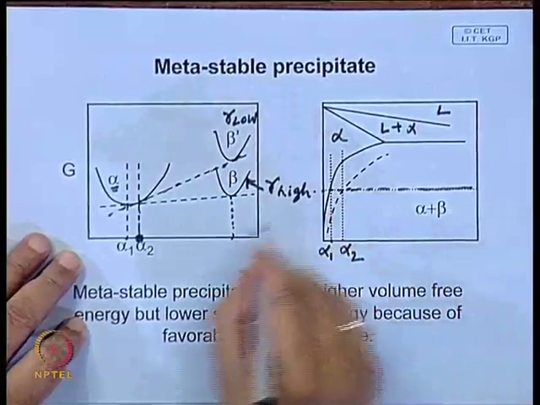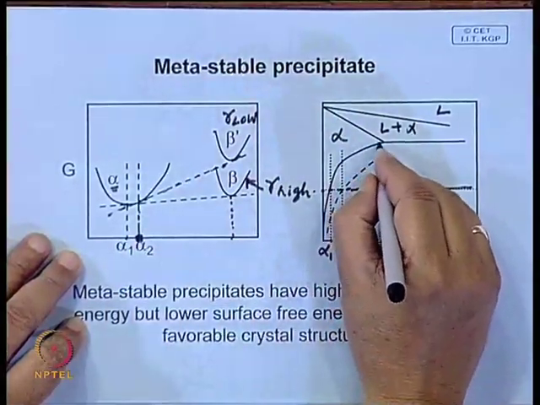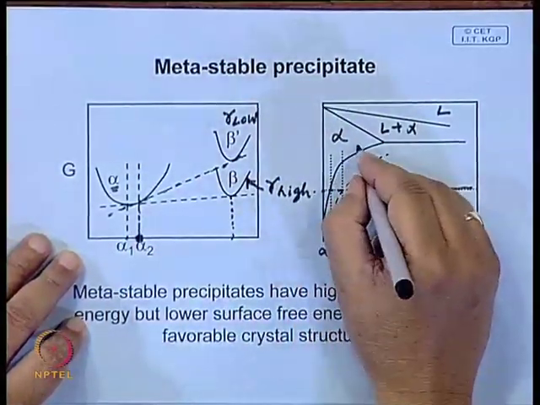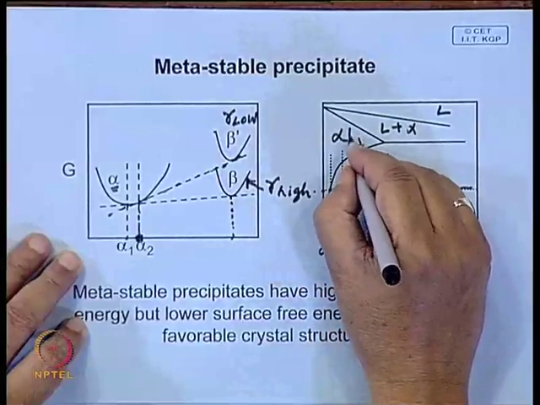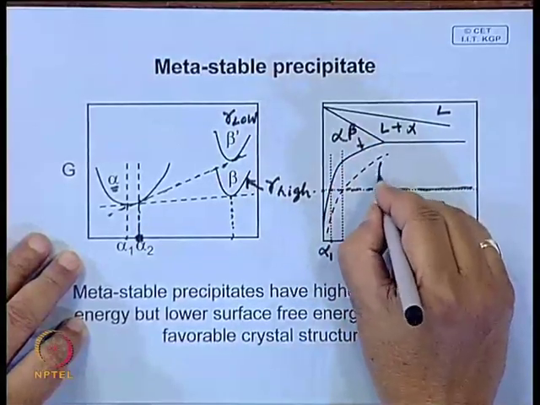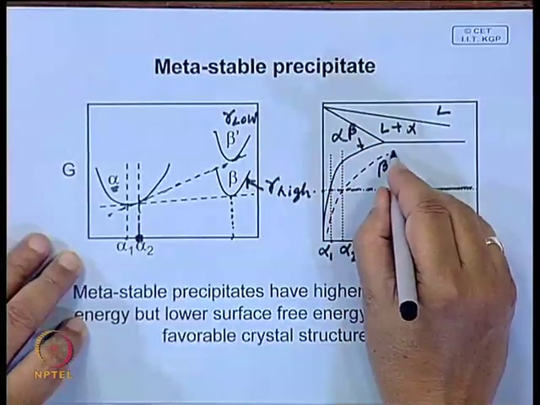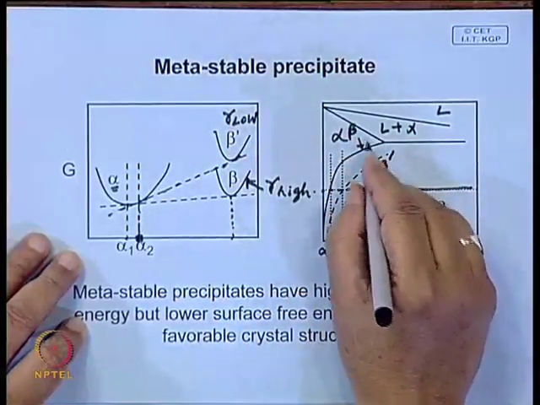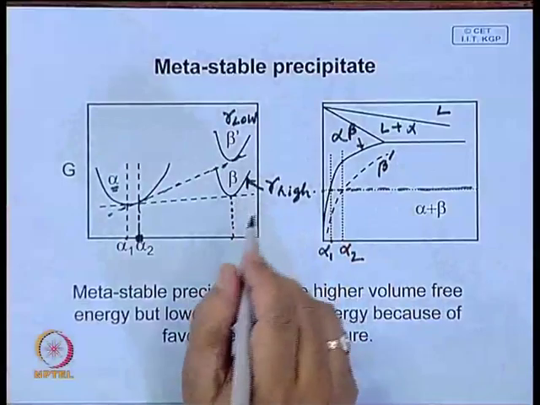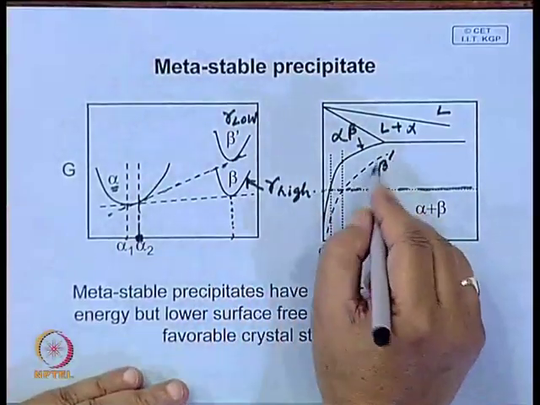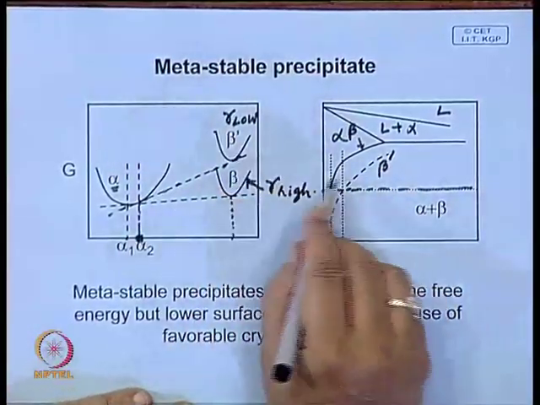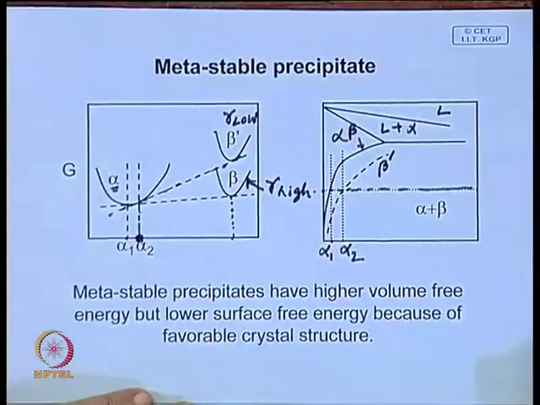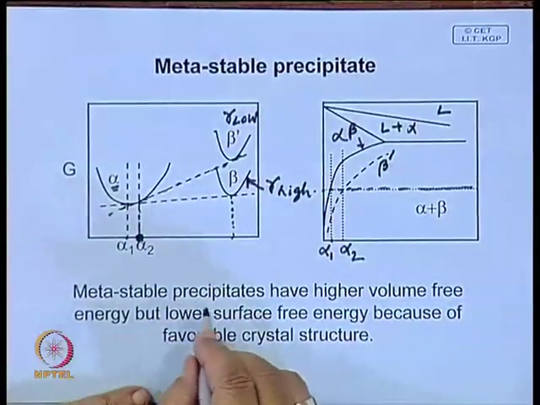So, this is the solvus line for the stable precipitate beta, and this is the solvus line for the metastable or coherent precipitate, beta prime. In many cases we may find not just one, this process of precipitation can take place through a number of metastable precipitates.